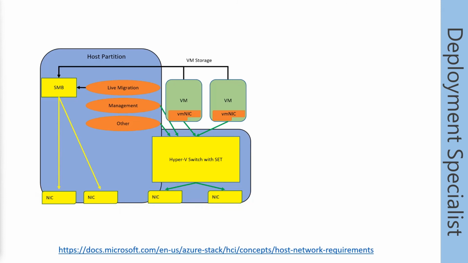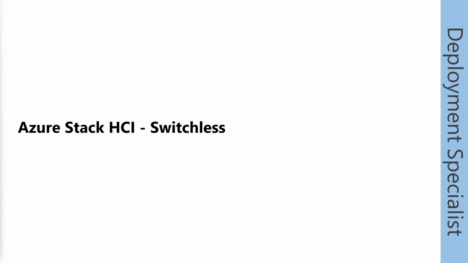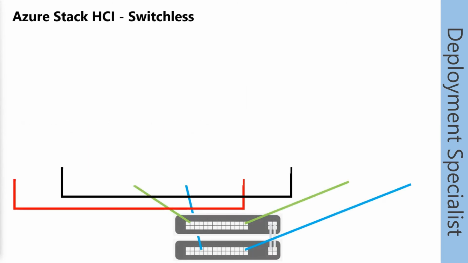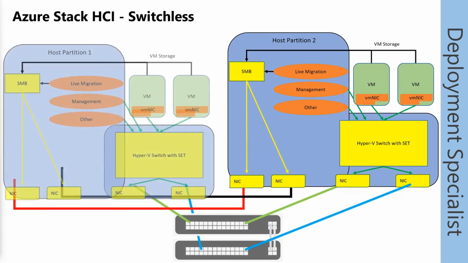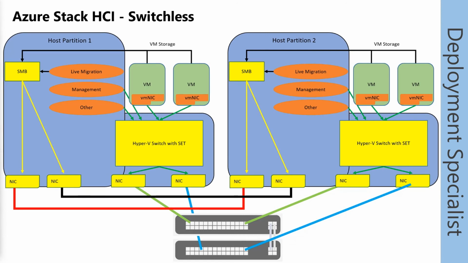A very interesting option is to build an Azure Stack HCI switchless configuration. In the switchless configuration, we have the situation that the high performance storage network interface cards are directly connected to each other, where we don't need high performance switch ports that are usually more expensive than the slower switch ports.